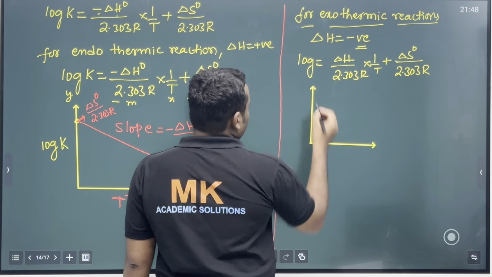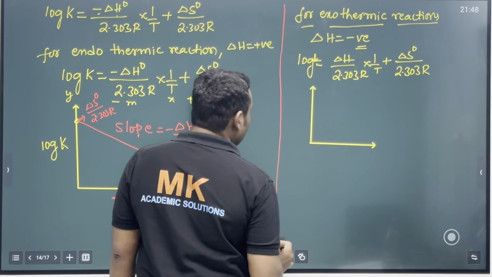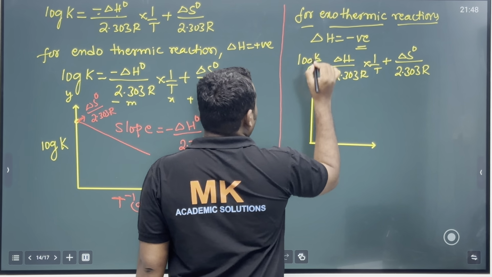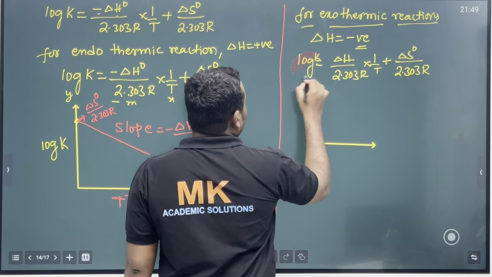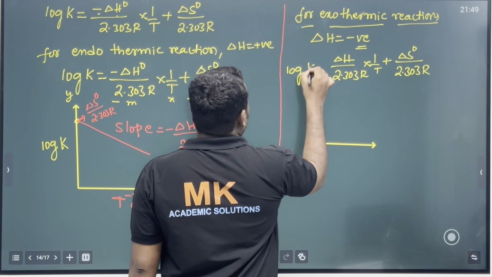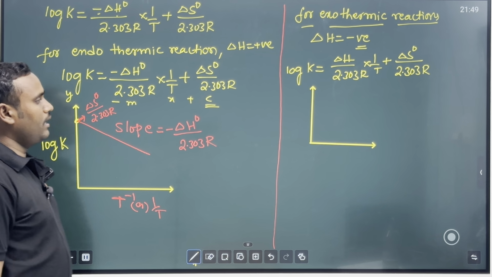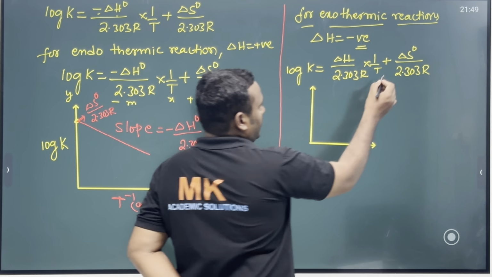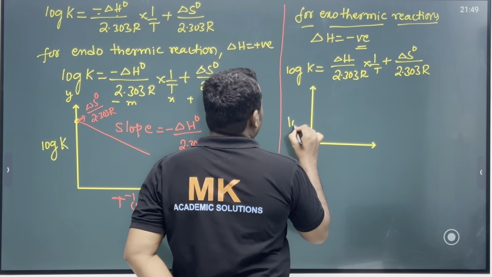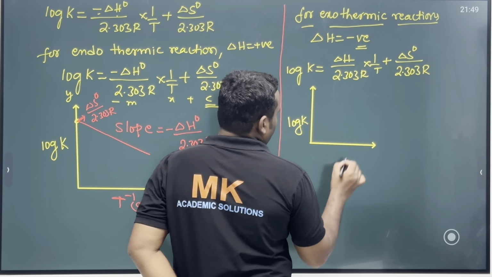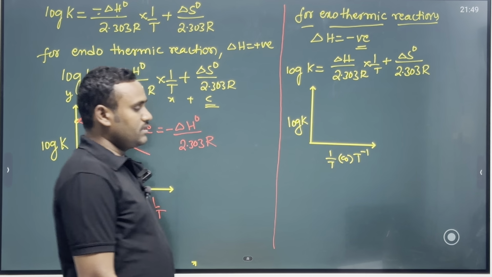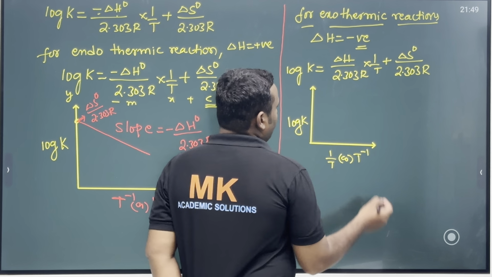Here it is log K equal to delta H by 2.303 R into 1 by T plus delta S naught by 2.303 R. So now log K I am going to take on the y axis, and 1 by T, or temperature inverse, I am going to take on the x axis.